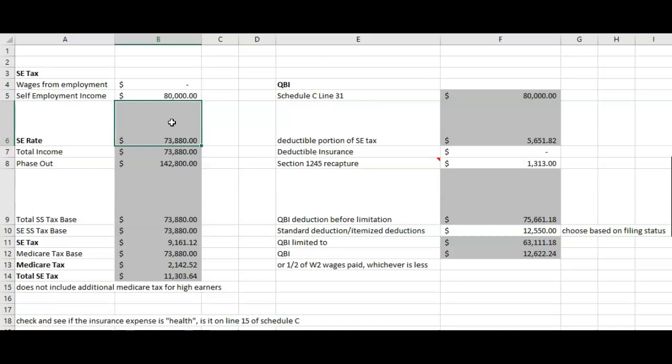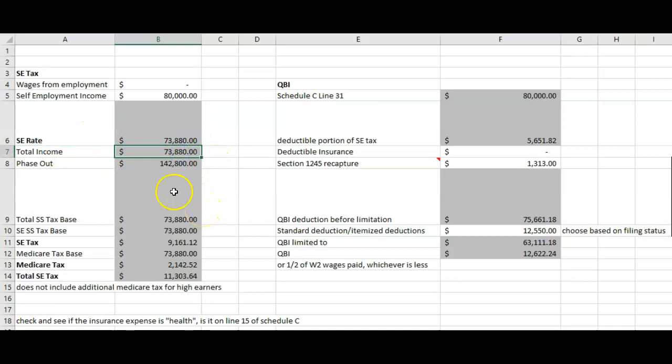So that's why they use 92.35%: 7.65%, which is half of 15.3%, is already going to be accounted for elsewhere. So in order to prevent you from getting double whammied, that's already deducted here. So that's 92.35% of the self-employment income that's used to determine the SE rate.